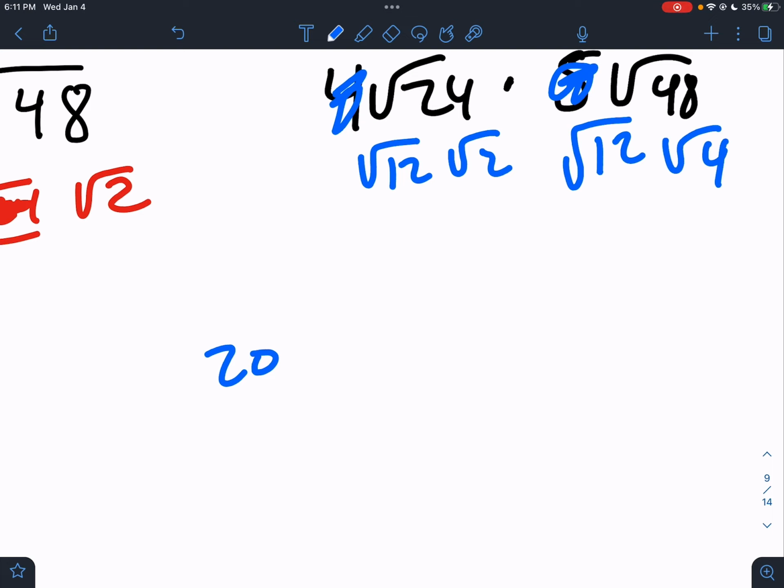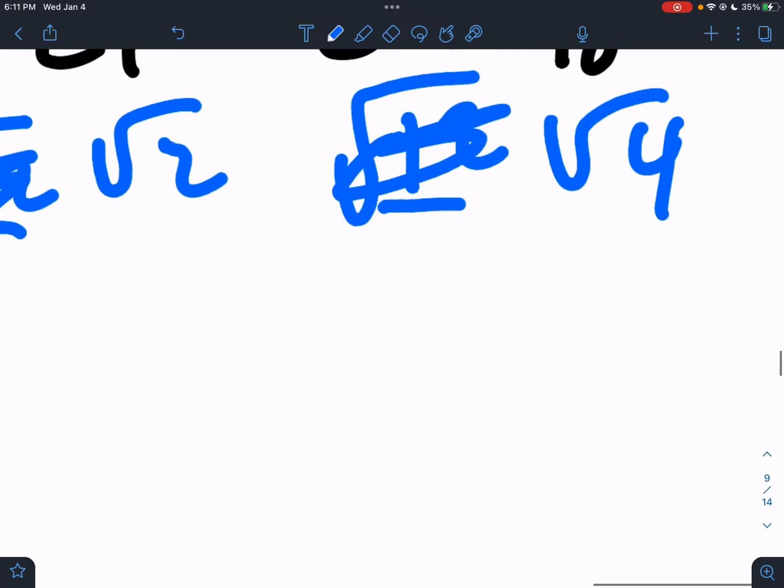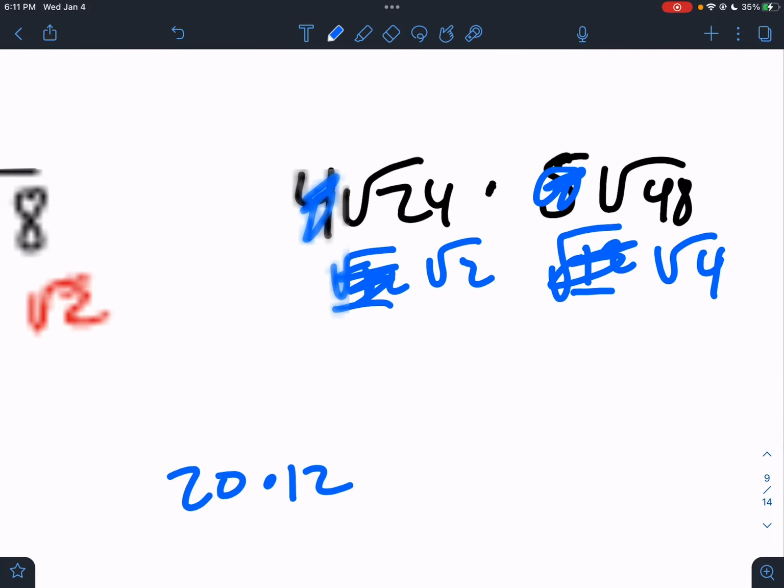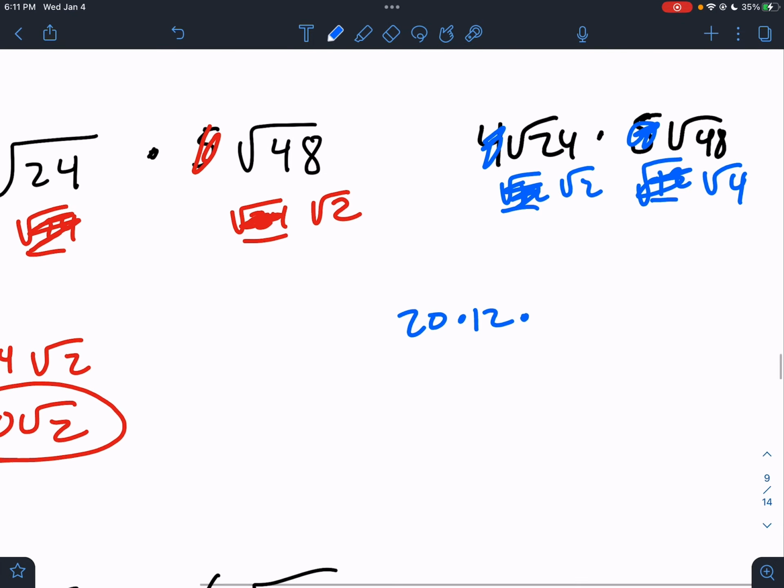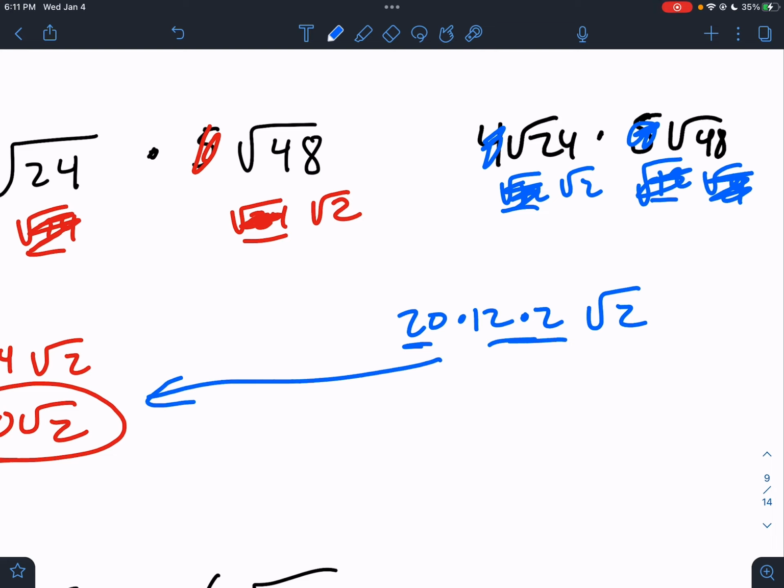Well, when we do root 12, we have root 12 times root 12, so we have it times 12. So those are gone. But then what do we have here? We have root 4. And what is the square root of 4? Well, it is 2. So didn't we get back to the exact same thing, 20 times 24, with a leftover root 2? Yeah, it's the same answer.